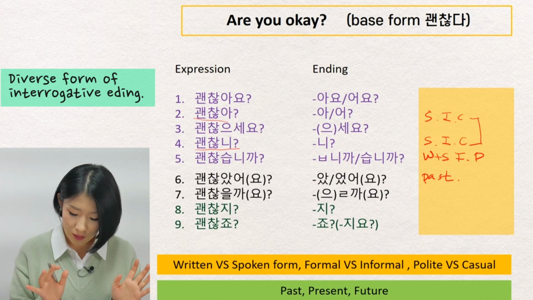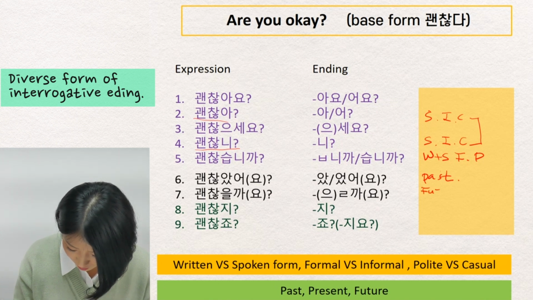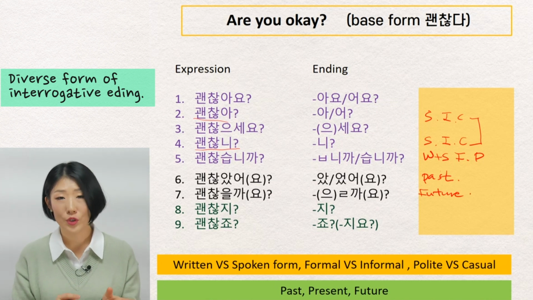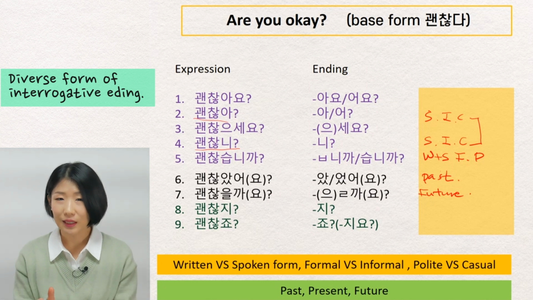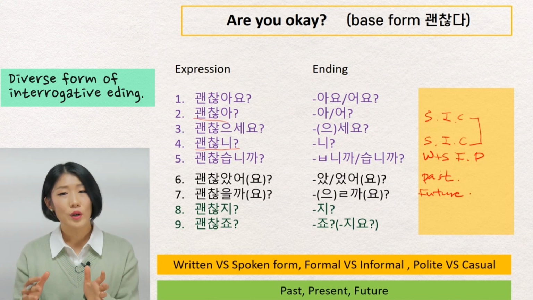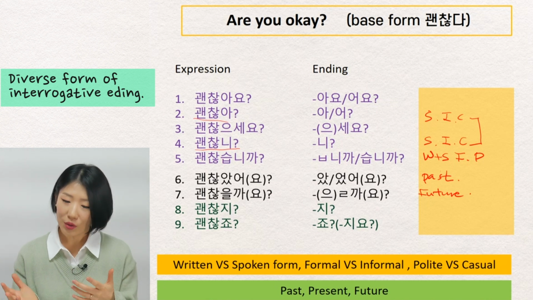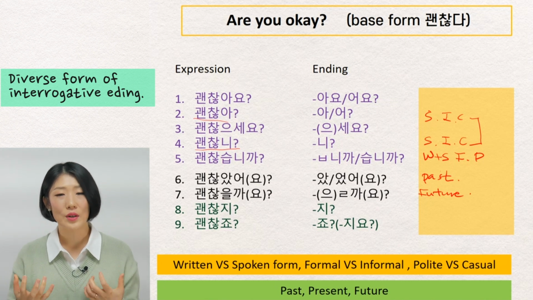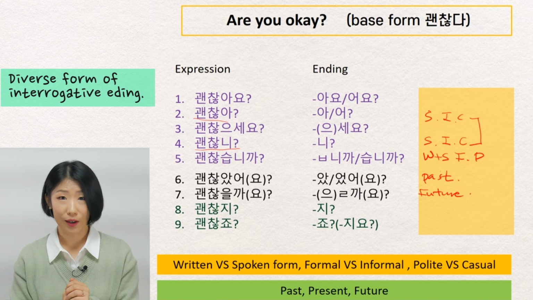Yeah, this 을까요 ending makes future tense, right? I'm gonna tell you one more piece of additional information about future tense. Guessing. So many times it's translated in English like I wonder if or do you think something like that. 괜찮아요? It's also fine. Yeah. But 괜찮을까요? It sounds more like I'm caring about your situation right now.